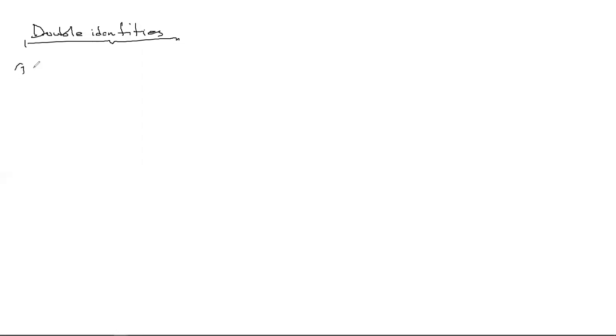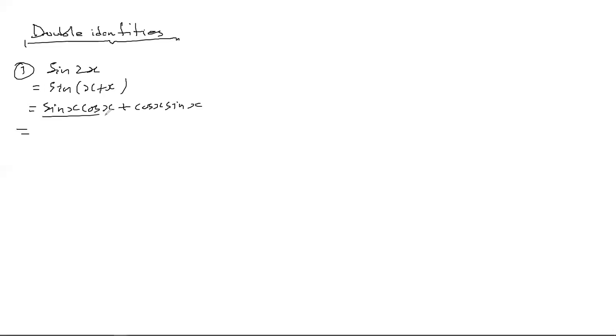So I'm going to start here with a nice one, sine 2x. What is this? We know we can write this as sine of x plus x, right? And we now know we can use the compound angle identity for sine, and this is going to give us sine x cos x plus cos x sine x.